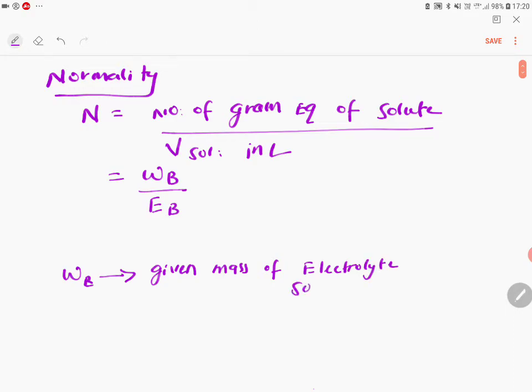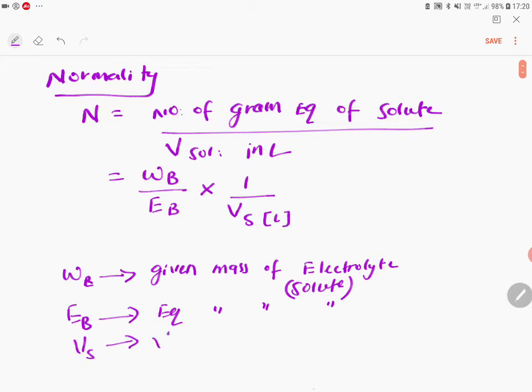So here electrolyte is a solute. E_B is called equivalent mass of the electrolyte, into 1 by volume of the solution in liter. So what is V suffix S? Volume of the solution.